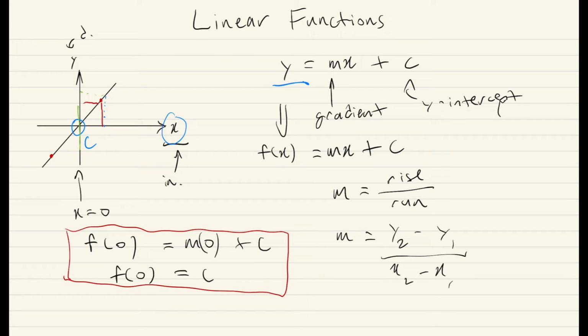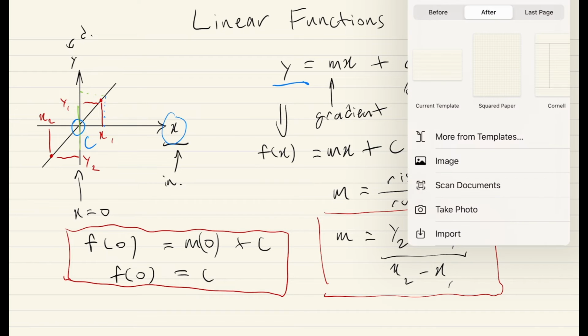This would be my x1, my y1. This could be my x2, my y2. And that's how you find the gradient. You just have to mix and match with these equations, and you'll be able to find all this stuff with the linear function.